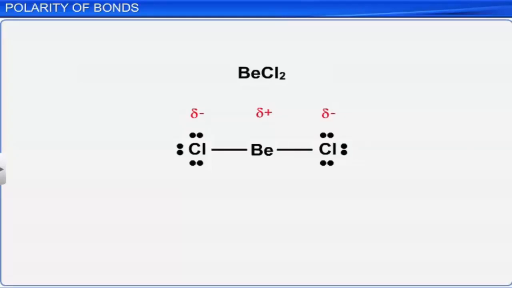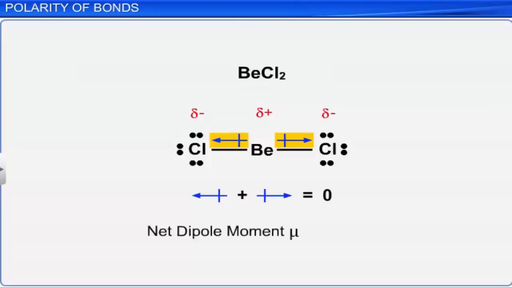The bond dipole between the two beryllium chlorine bonds is represented as shown. As the two equal bond dipoles are in opposite directions, their vector sum is 0. So, the net dipole moment is 0.